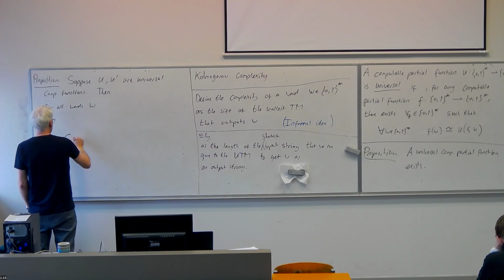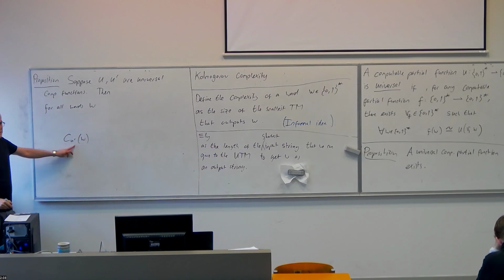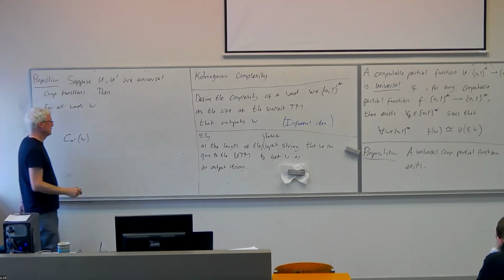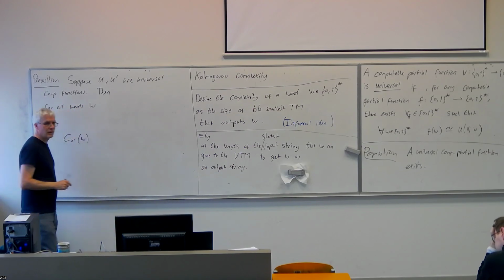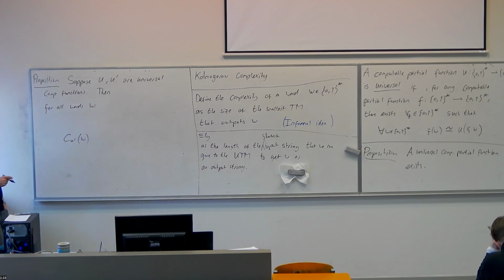If we consider the complexity of W with respect to U prime, how does it relate to the complexity of W with respect to U? Can anyone see this?